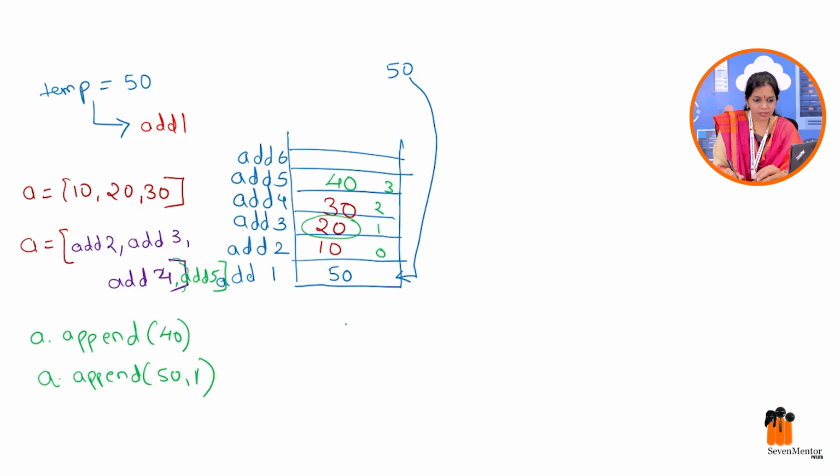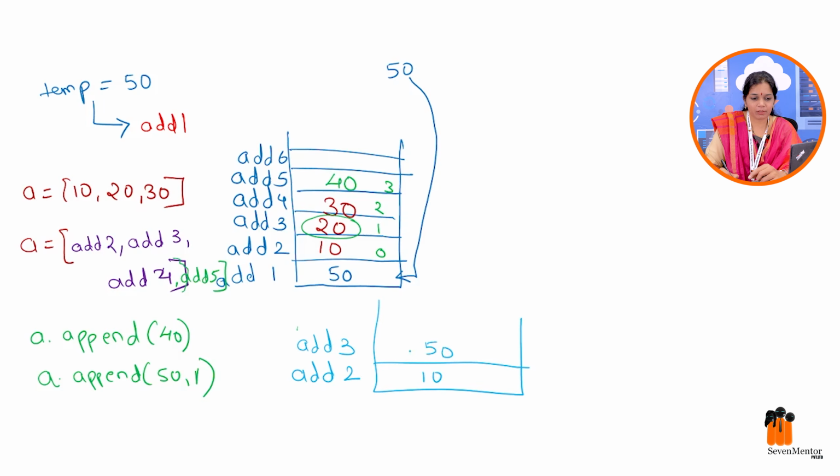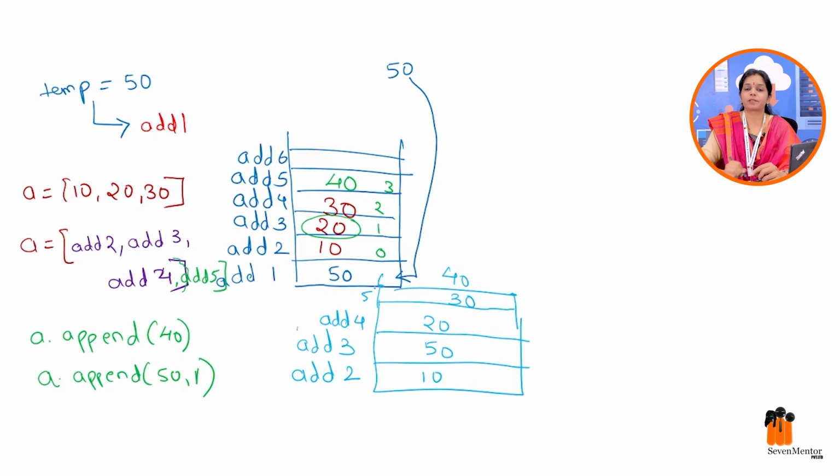So what that does, I'll use one more color. We have so many colors we can use, right? Address 2 will be having 10 itself, and now at address 3, as it is index 1, 50 will be inserted, 20 will be shifted to the next, and so on. 30 will be shifted, 40 will be shifted to 5 and 6.